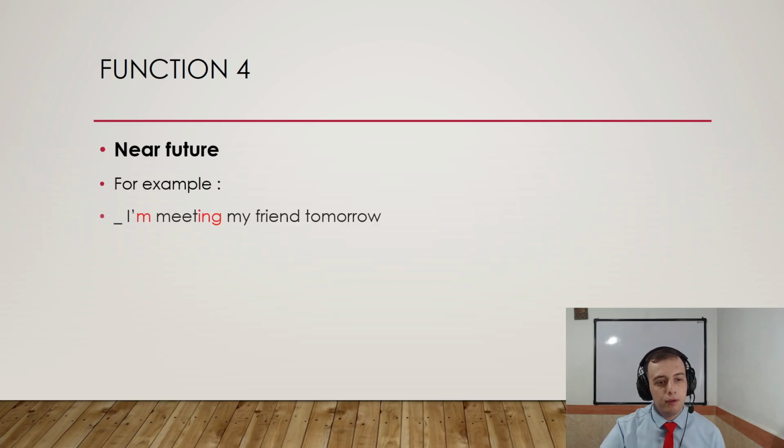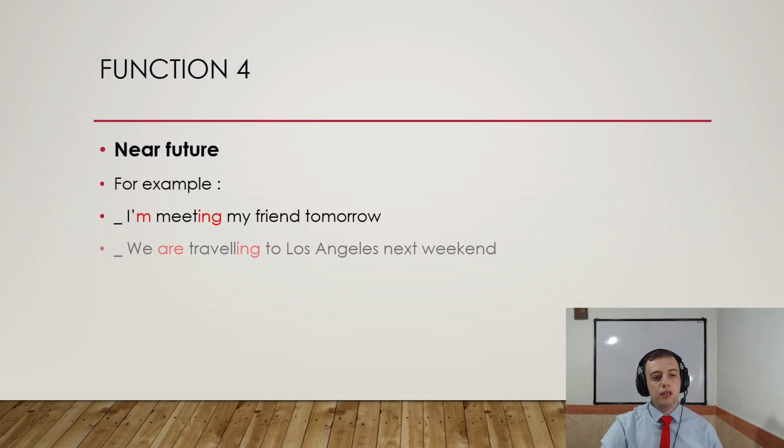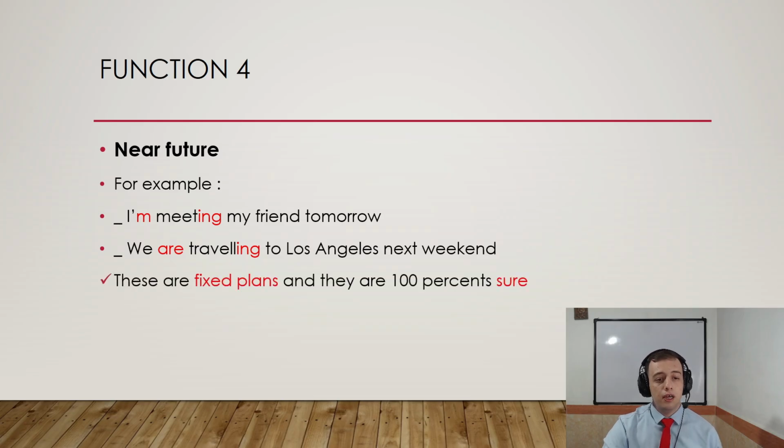It is a fixed plan, and my friend knows where we meet each other. And we are traveling to Los Angeles next weekend, right? So it means in the near future because we have next weekend. These are fixed plans and they are 100% sure.